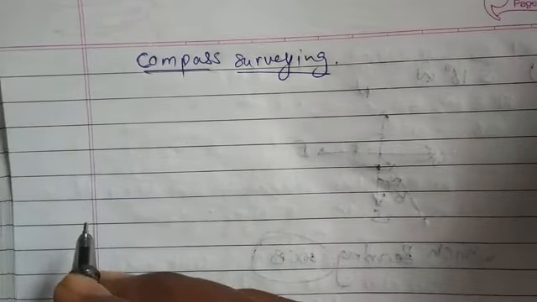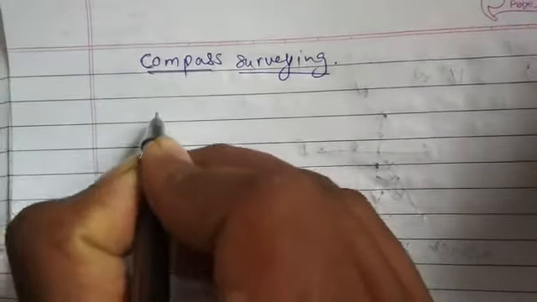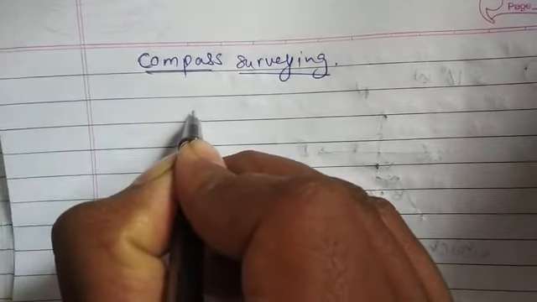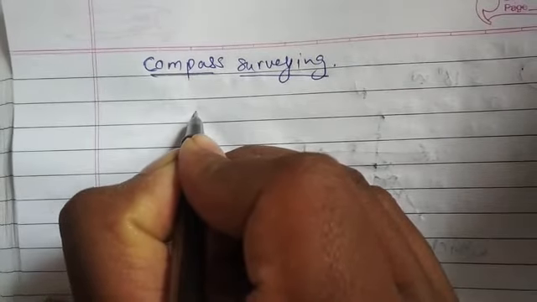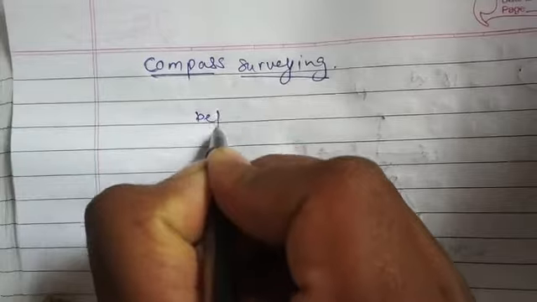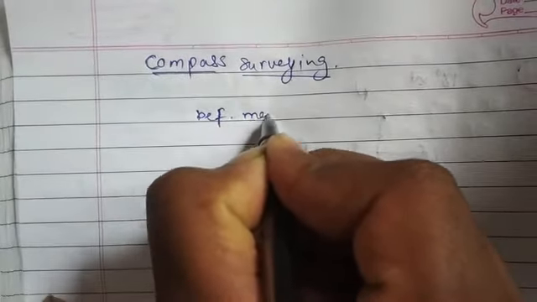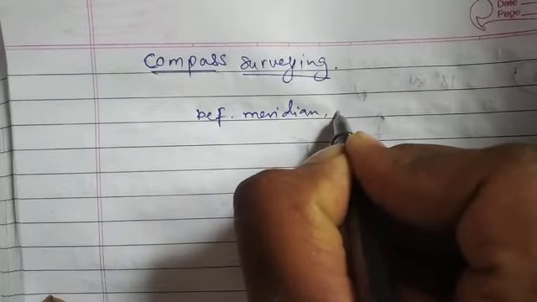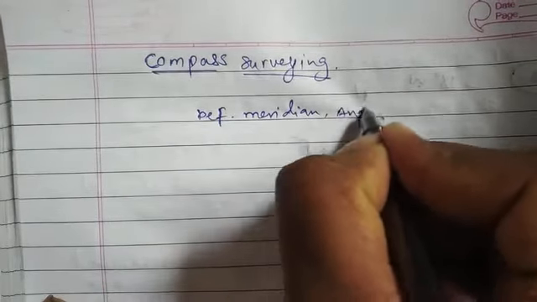In this video we'll discuss the next part of compass surveying. Till now we have discussed the introductory part of compass surveying. In that we have seen the definition of basic terms like meridian. After that we have also discussed the terms like angle, bearing.